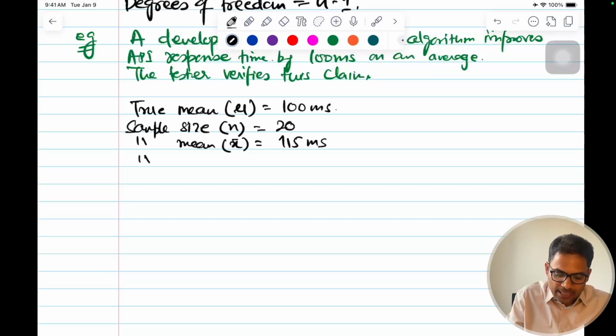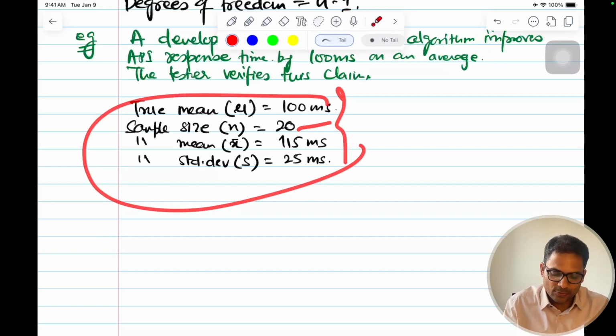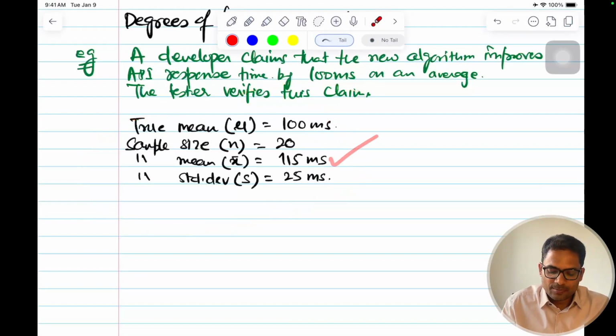And then there was sample standard deviation. This is your S, and this was found to be 25 millisecond. So this data we have, this is your input. After taking 20 samples, running this test 20 times, they found that the mean is 115 millisecond, and the standard deviation of these 20 samples is 25 millisecond.